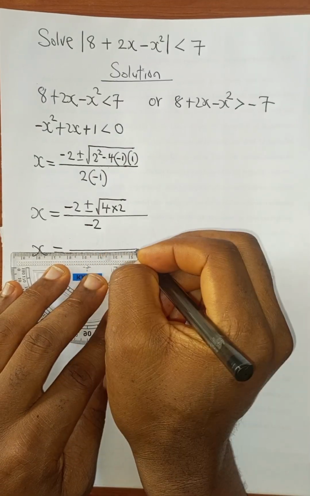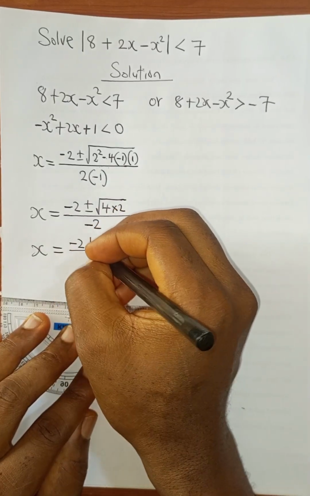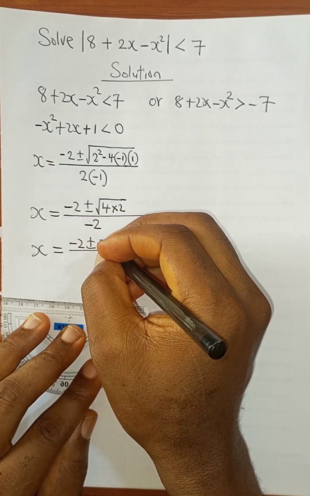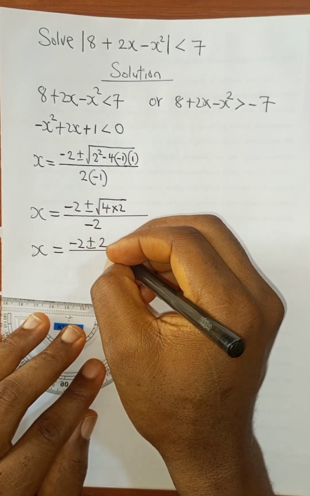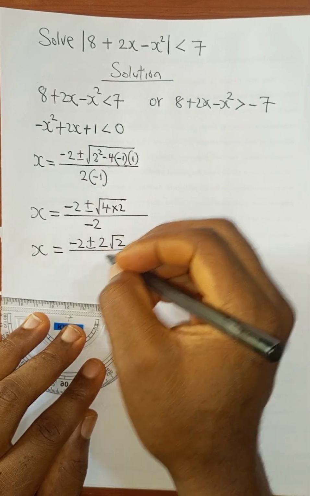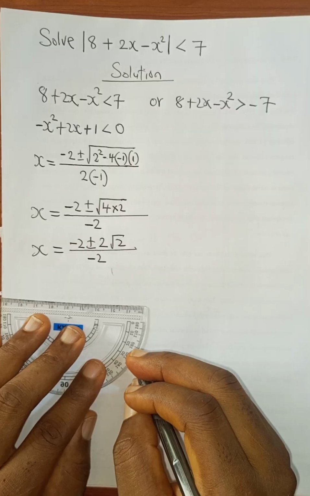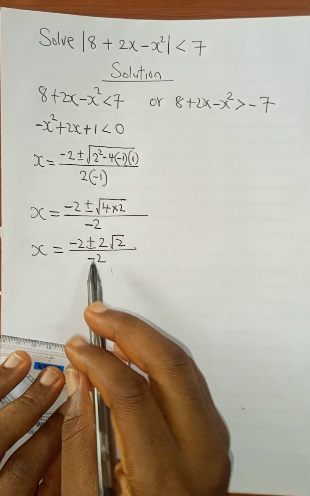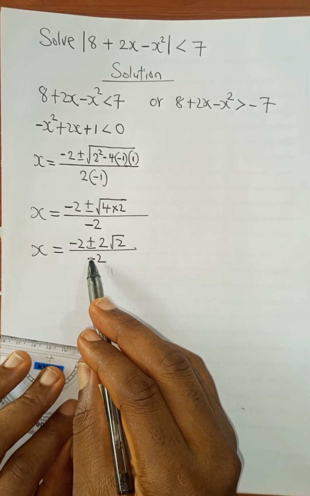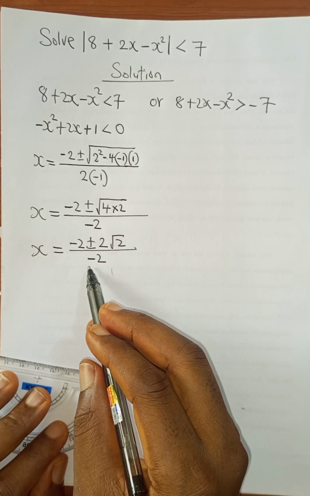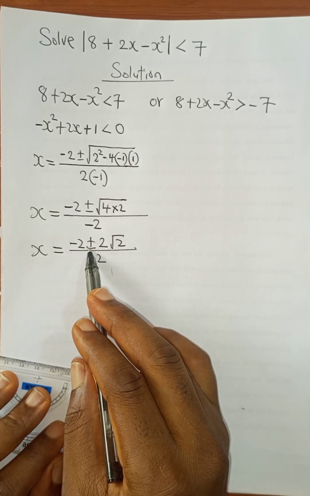This implies minus 2 plus or minus 2 root 2, over minus 2. Are you following now? This can be confusing. You have to be very careful here so that you will not miss it, because plus or minus is still here.